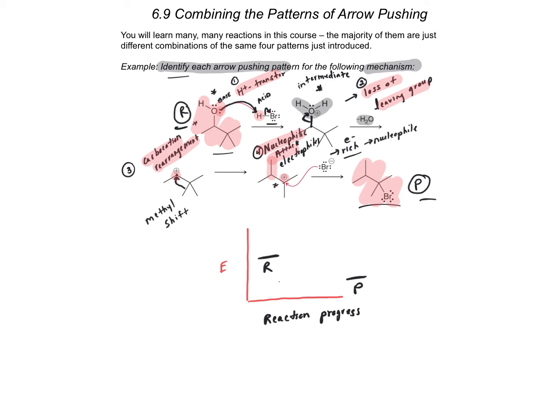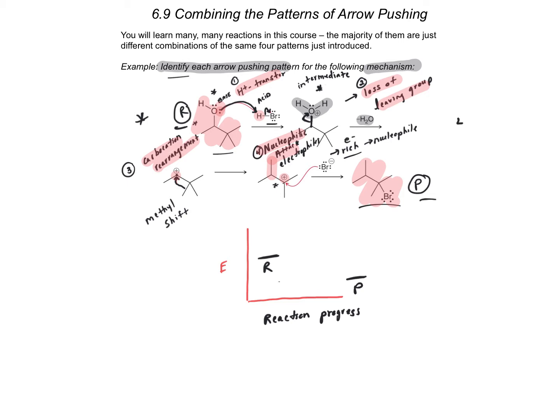The question is, what does it look like in the middle? If we have proposed this is our mechanism, how many different humps do we think there are in between the reactant and the product? The answer is that however many steps you have proposed for your mechanism is how many humps there will be in the overall reaction coordinate diagram.